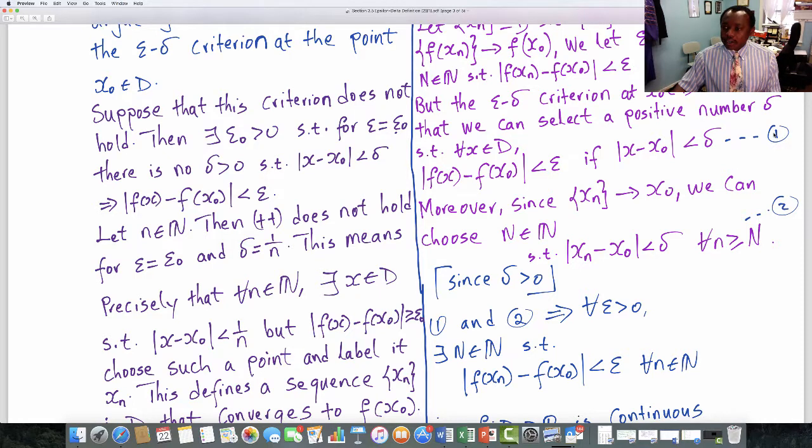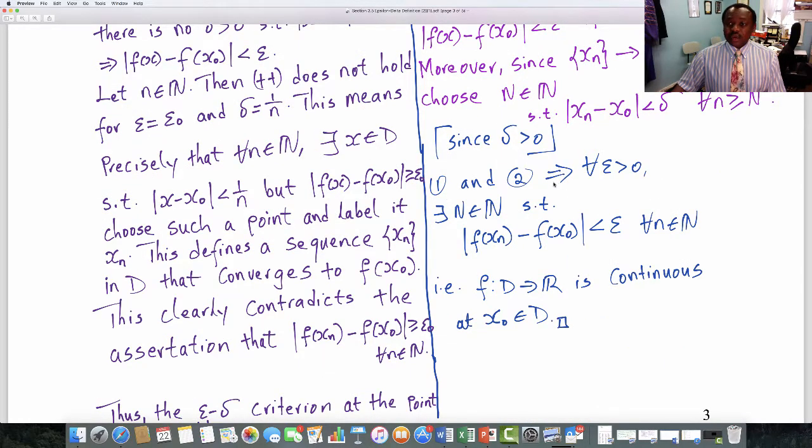Now look at 1 and look at 2. This is what we have from the epsilon delta criterion for continuity at the point x naught. This is what we have from the fact that xn converges to x naught and delta is greater than 0.